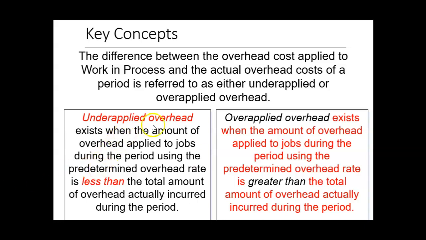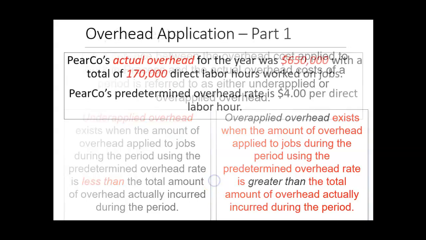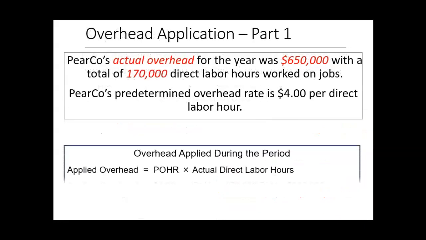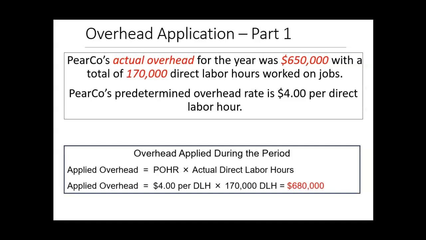When you have underapplied overhead, it simply means that the overhead applied to a job was less than the actual overhead for the year. And if you have overapplied overhead, it means that the overhead applied to a job was greater than the actual overhead that took place during the course of the accounting period.